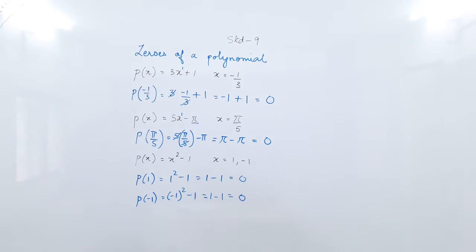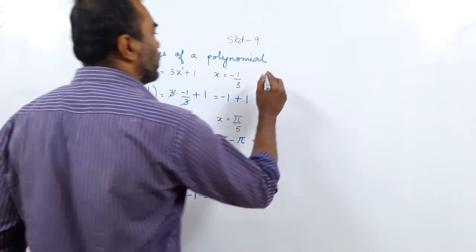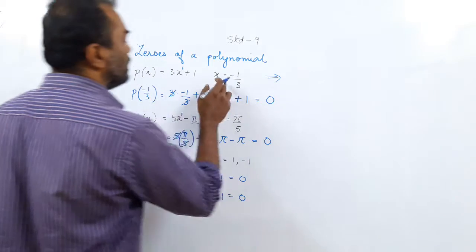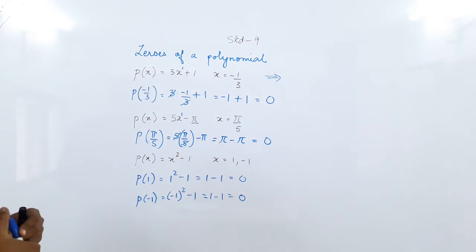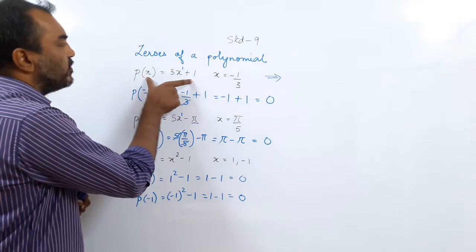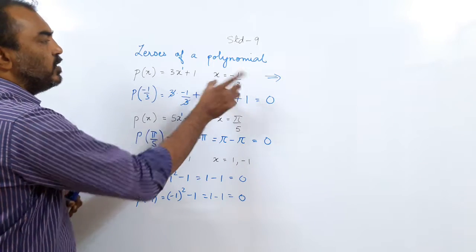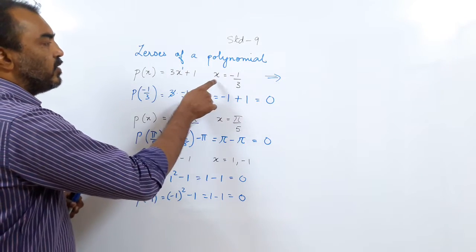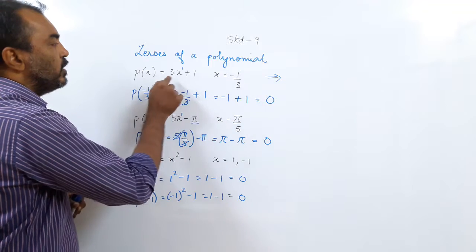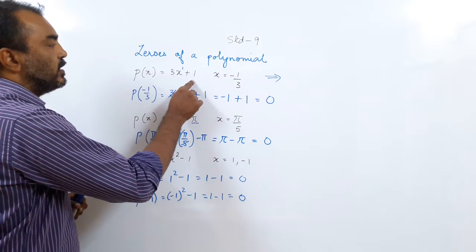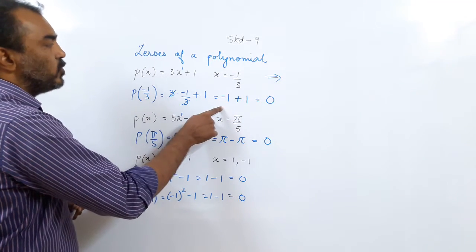Okay. Then we also did another method, if you remember. Here we only check the values. In this sum, the polynomial is given, the value is given, we only have to check when x is equal to 1/3, what is the value of this polynomial. Is it a 0? We checked and found out yes.